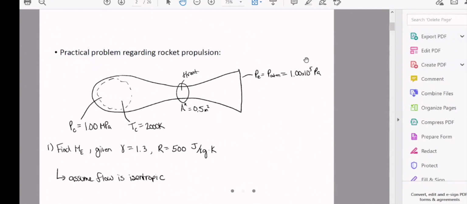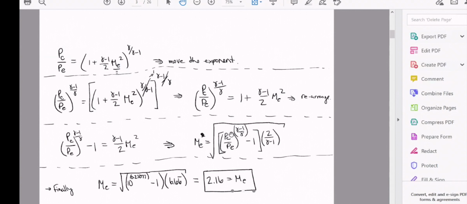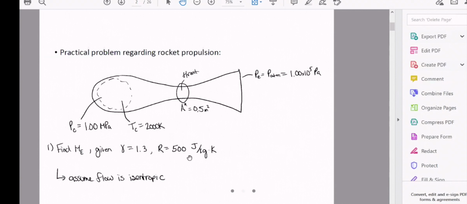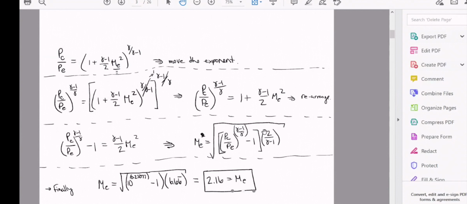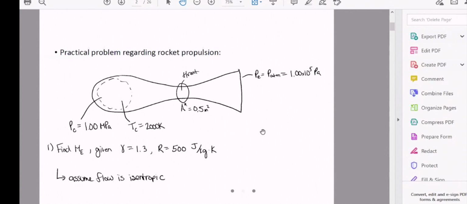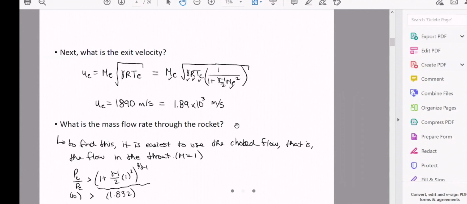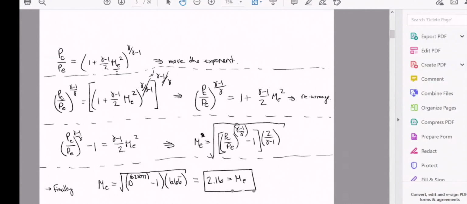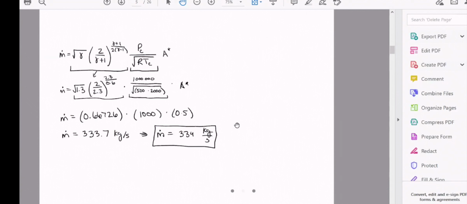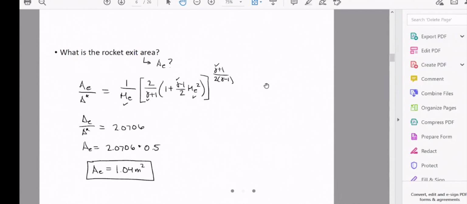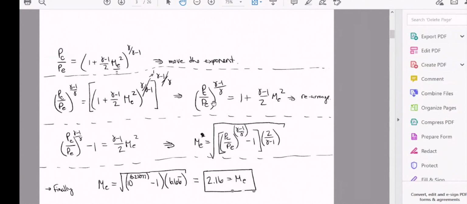So if you look at R, it's also in J over kg K. So that's my first hint that CP is this, right? No, it's R. It's not CP. It literally mentioned that R and CP are two different things. R and CP have the same units, but that doesn't mean they are interchangeable.